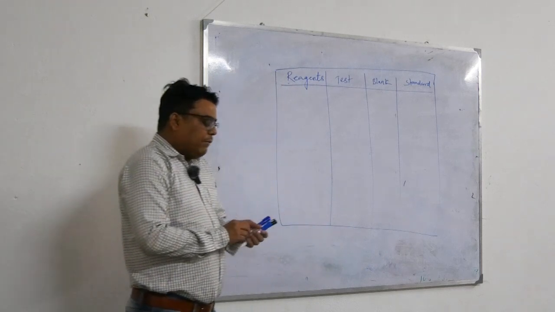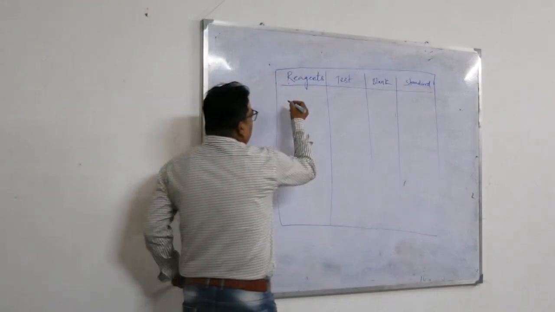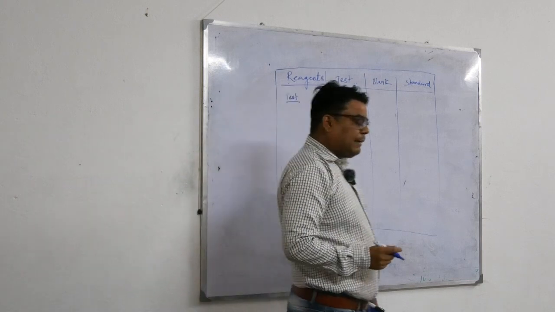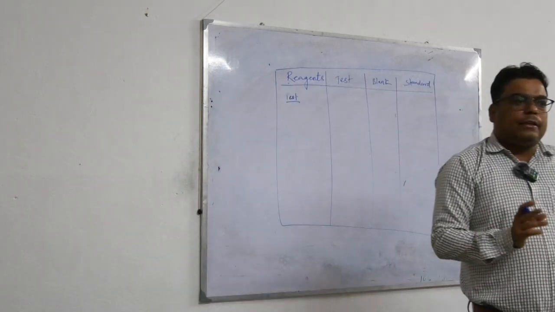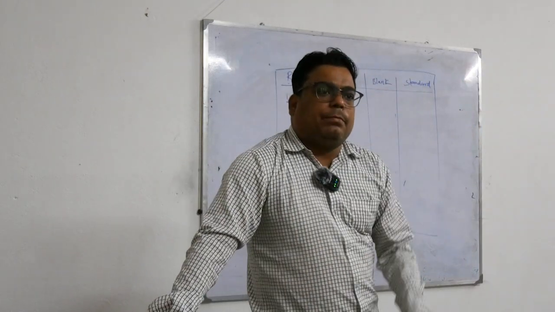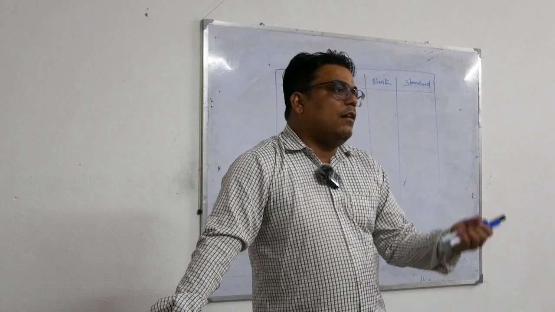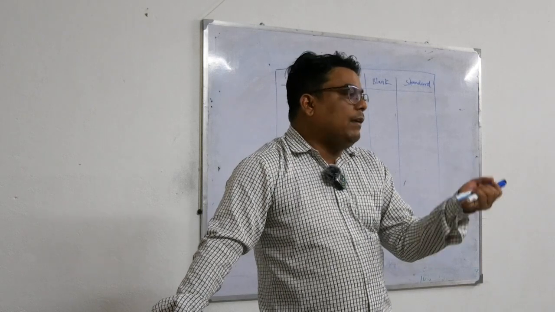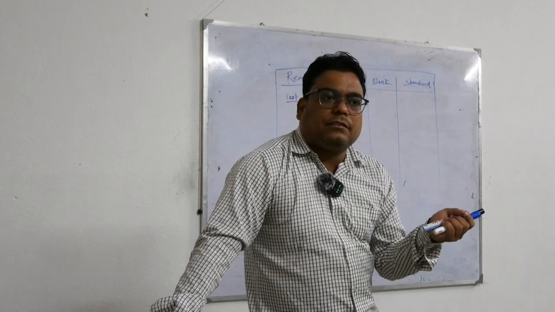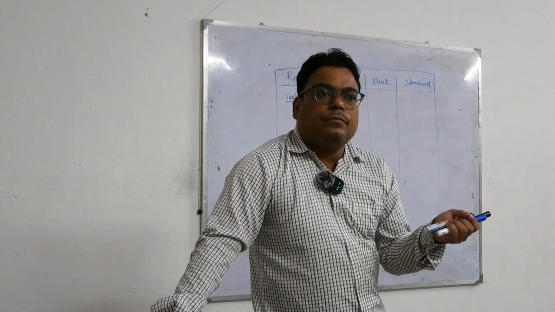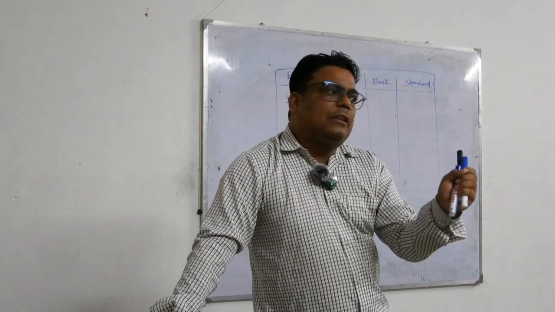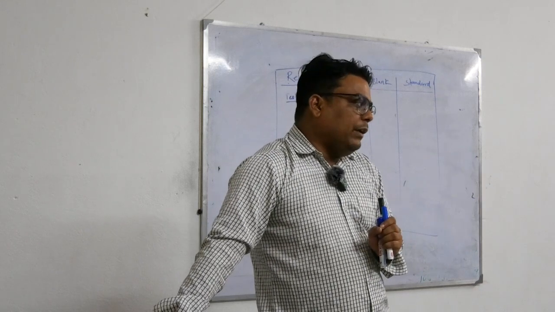Then you draw the table. First we take our test solution. Test sample is blood. But students, think about what we are going to develop. Listen, we are going to develop a pink color by the reaction. This is our aim, that if the pink color complex is developed, we can get the fixed value of blood urea.